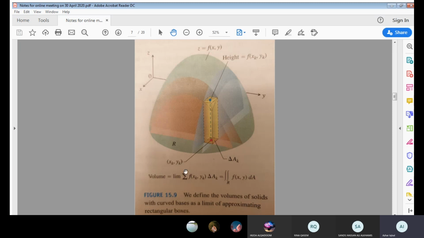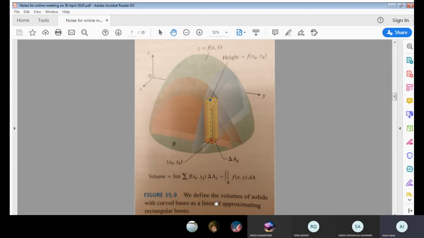And when you collect together all such volumes over all the region in the xy plane, this gives you, in the limiting case when the norm of the partition goes to 0, the double integral of the function of two variables, calculated over this non-rectangular region.